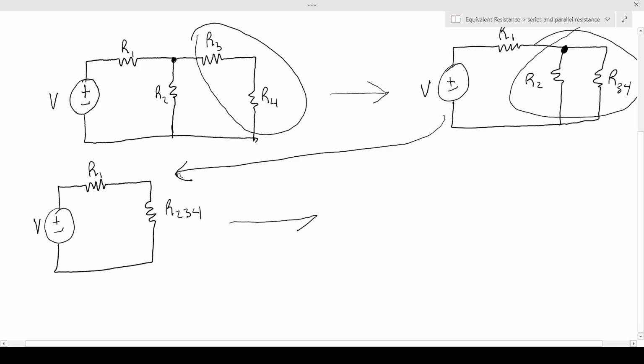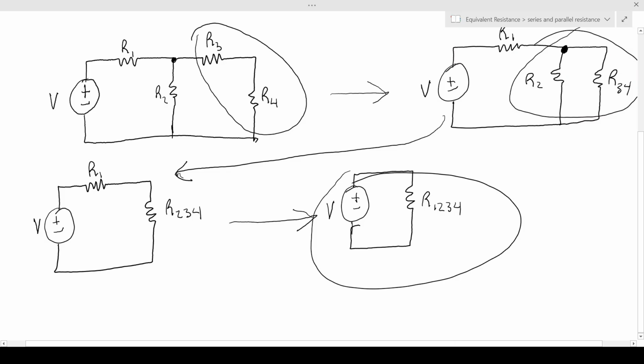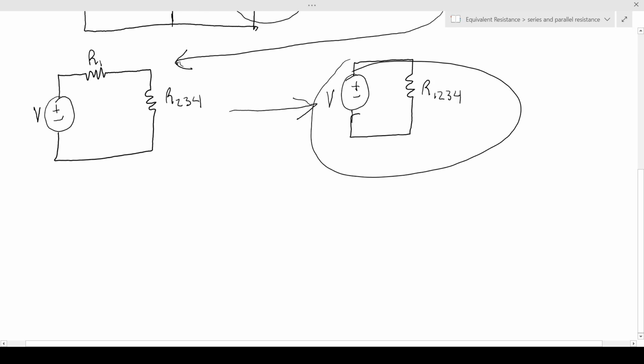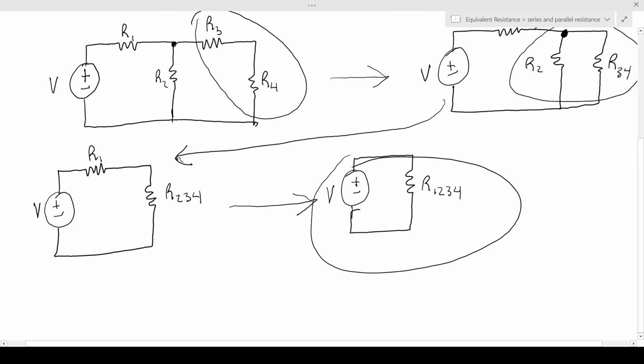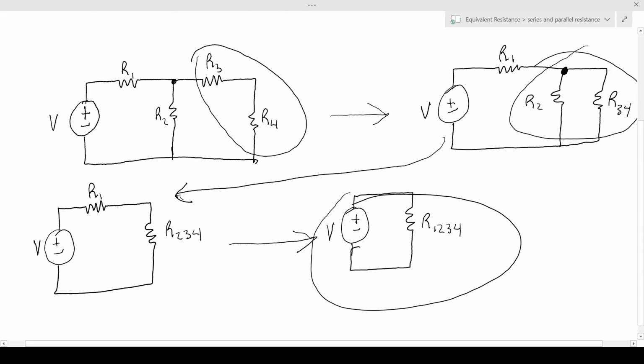This circuit simplifies into R1234, where R1234 is the equivalent resistance of all the resistors within the original circuit.